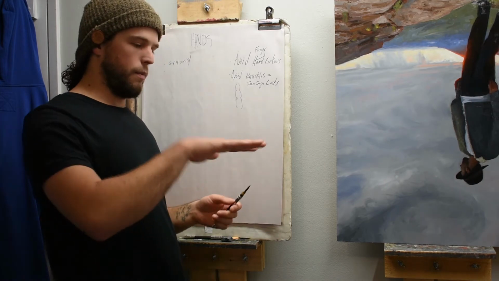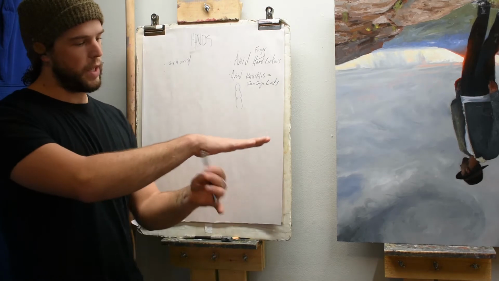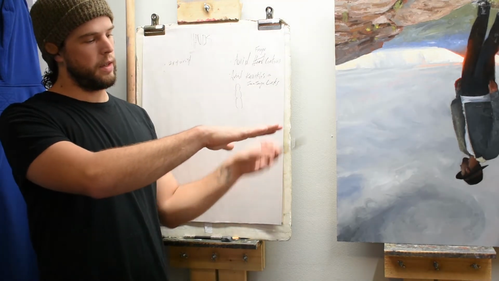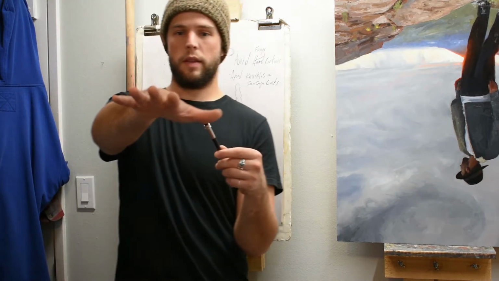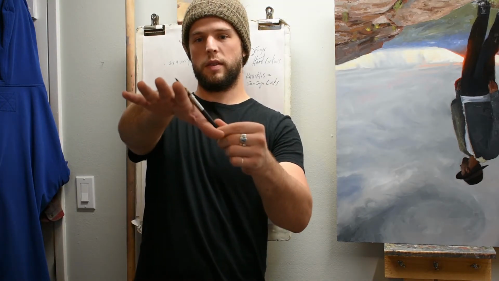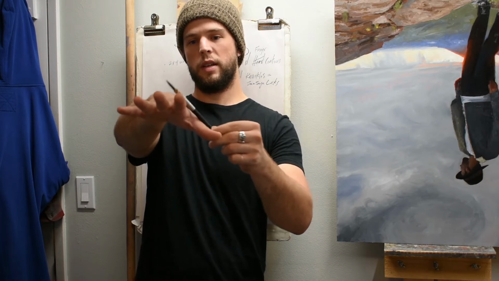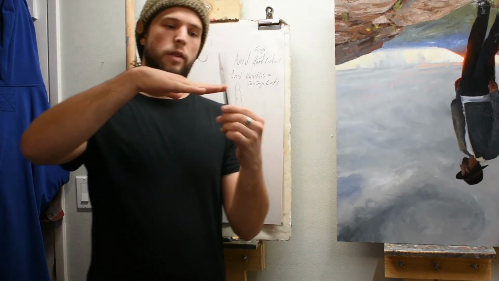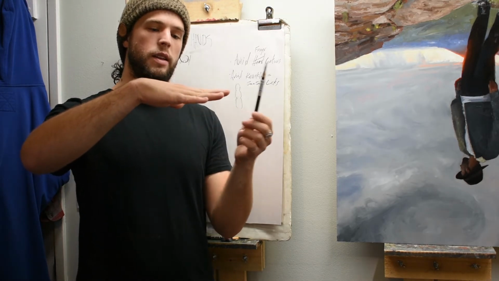I'm thinking mostly about the planes and the big picture. So planes being like side plane, top plane. The thumb area has this 45-degree angle kind of plane to it. Bottom plane right here. And then there's also a front plane, so thinking about the fingertips as more of a front plane than anything else.